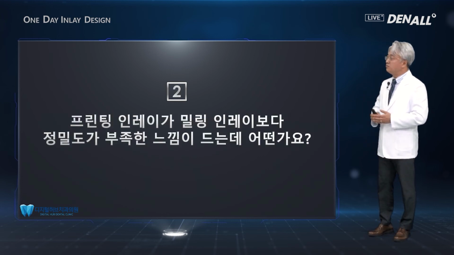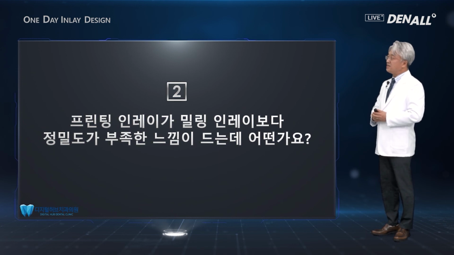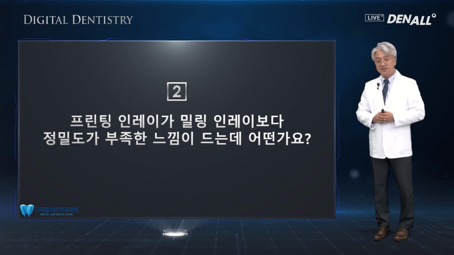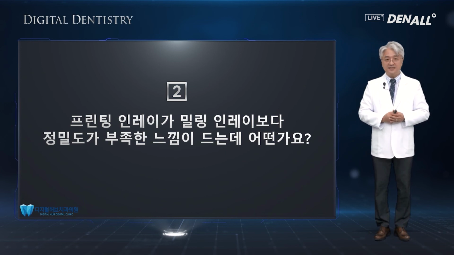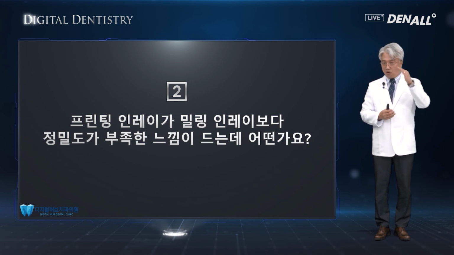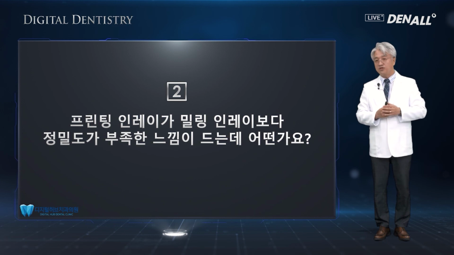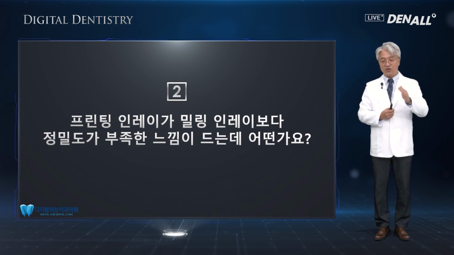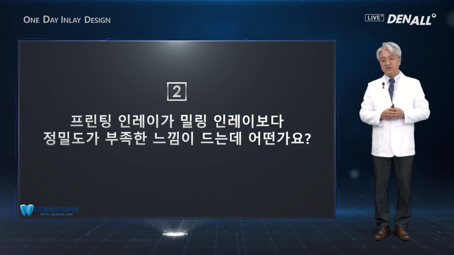Second question. I believe that printing inlay compared to milling inlay is not as precise. So in the current system, the printing system compared to the milling system in many aspects, the milling system does deliver higher quality results. This is not only for inlays, but also dentures.